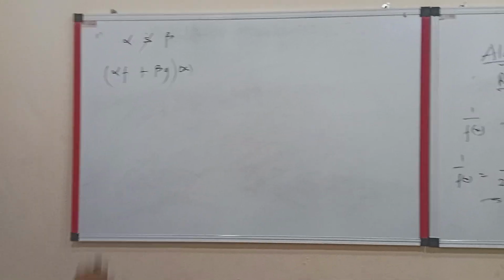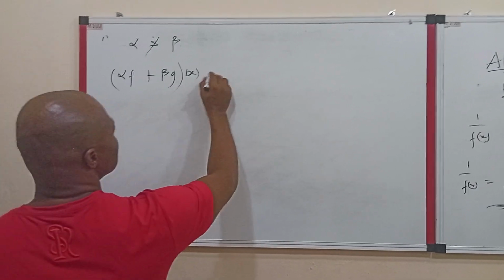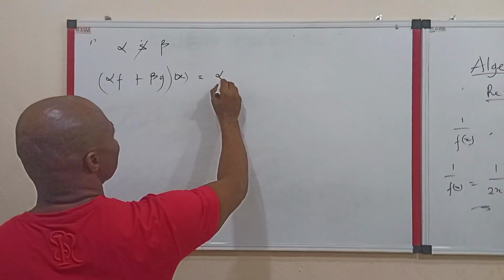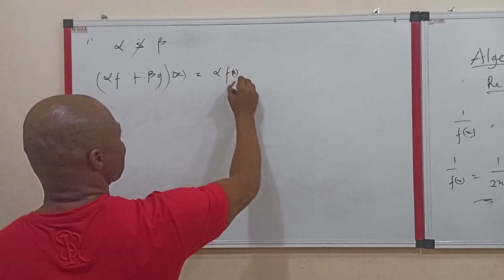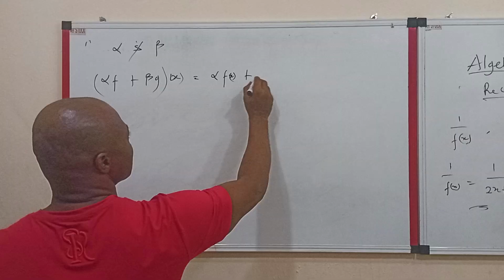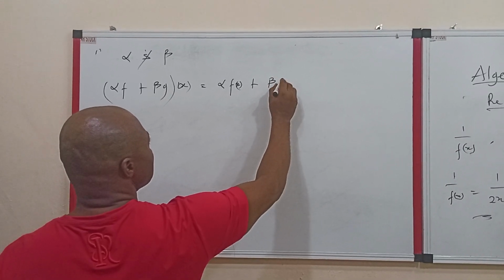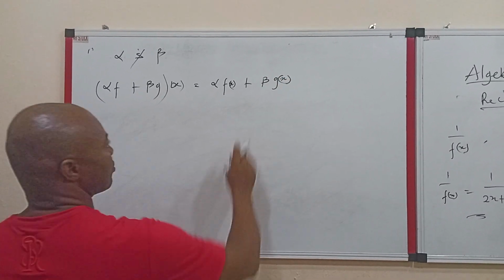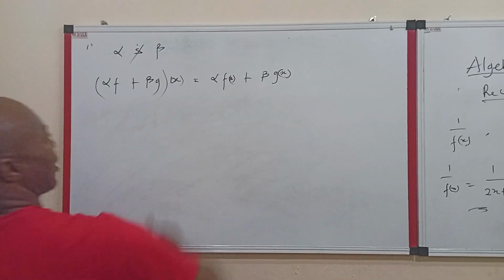If we have this, it simply implies that we have alpha f of x plus beta g of x, because these ones are constants.